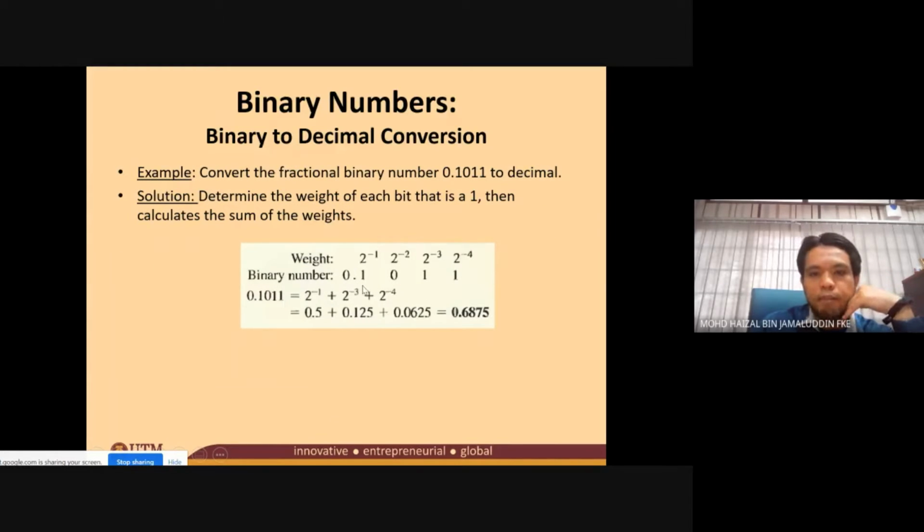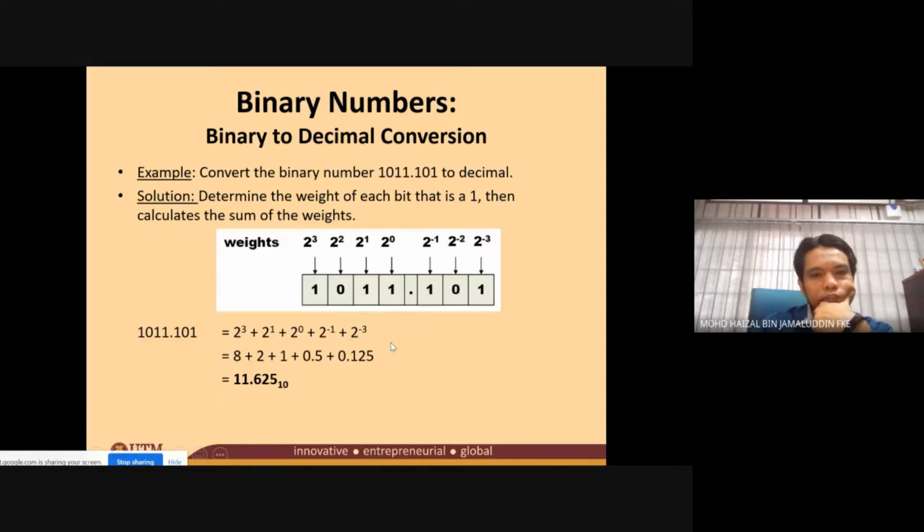Okay, for a fraction number also it is the same, 0.1011. So you can convert to decimal by multiplying using the negative powers, and you add up all the values. So this one is very easy. Okay, so you have the number and the fraction number.